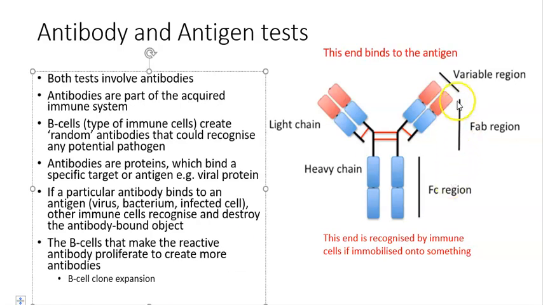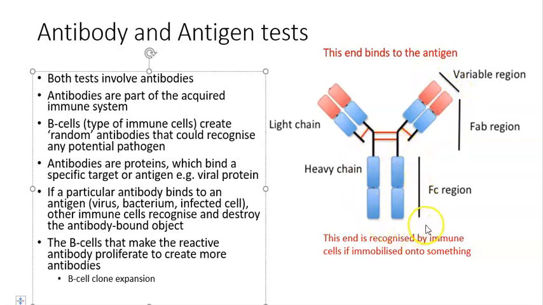The way antibodies work is that this variable region binds to the pathogen. The antigen is just something that the antibody binds to, typically a single protein from a pathogen. The antibody binds to it, and then the Fc portion is sticking outwards.